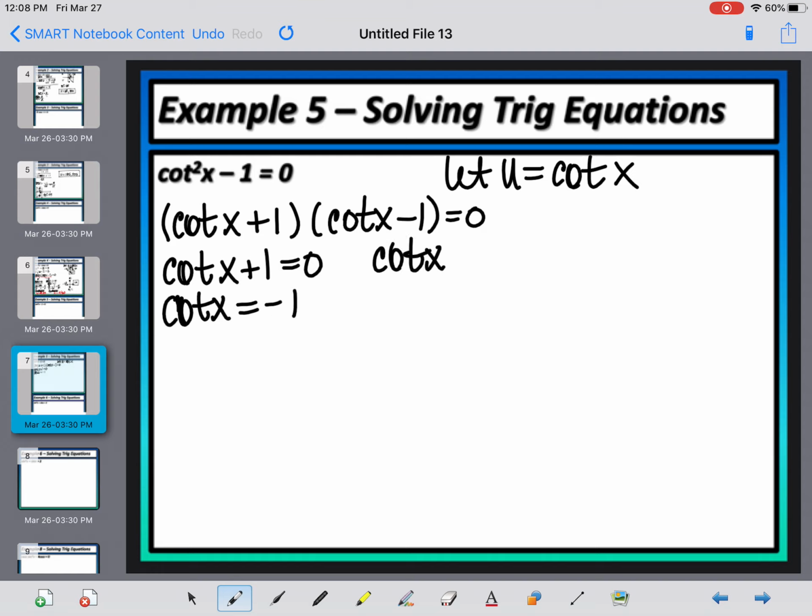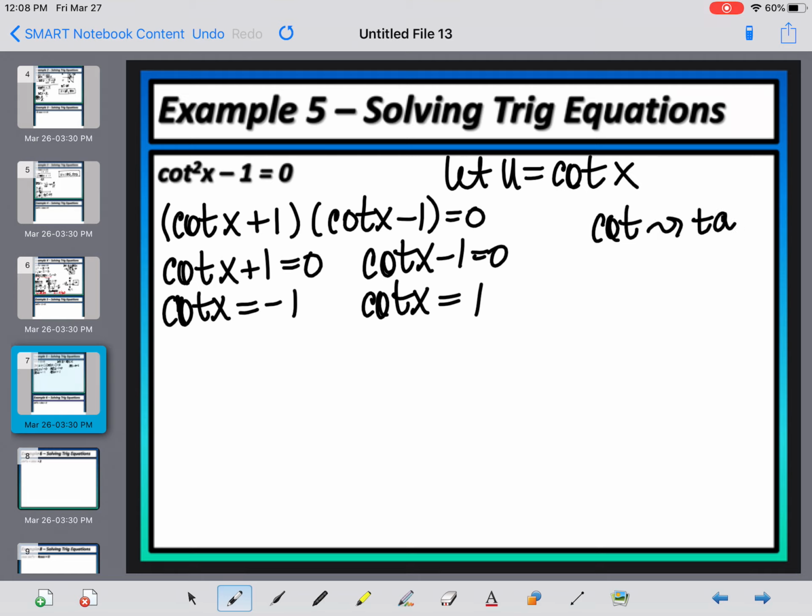So cotangent of x equals negative 1, and I guess I skipped a step here, and cotangent of x equals positive 1. We have to solve each independently. Okay, so cotangent is the reciprocal of tangent.